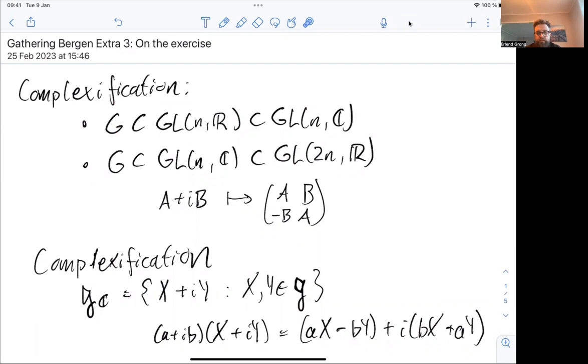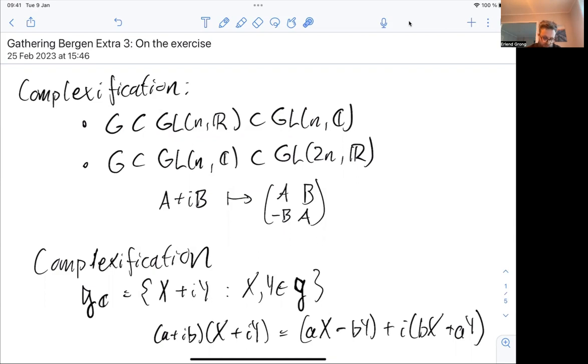So one of the things we looked at was how if we have a group that is made up of real matrices, then we can see it as also a group of complex matrices by the natural embedding of the real numbers into the complex numbers.